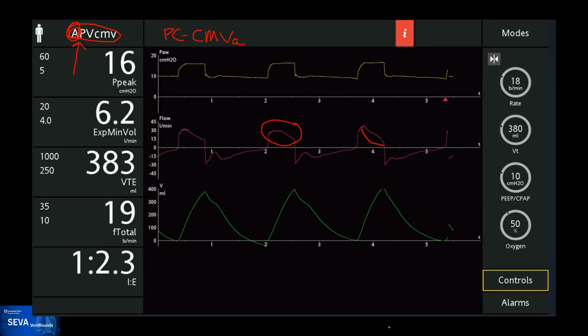So just to make it a little bit faster, we can see compared to the previous screen, I was there, I could see the patient was working less when we switched the control variable from volume control with a preset flow, and I liberated the flow by switching to a pressure control mode.